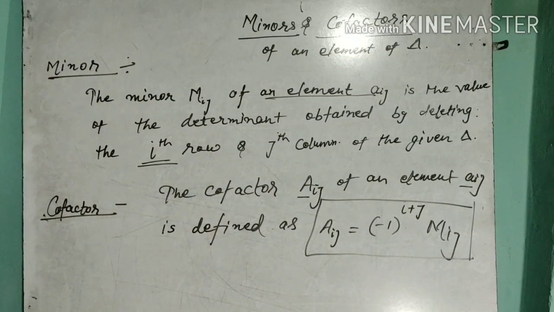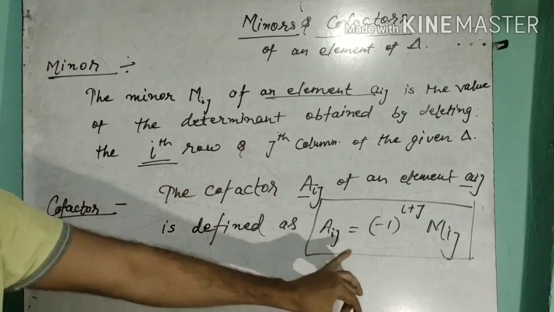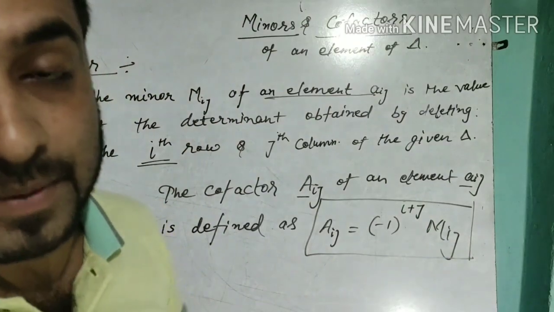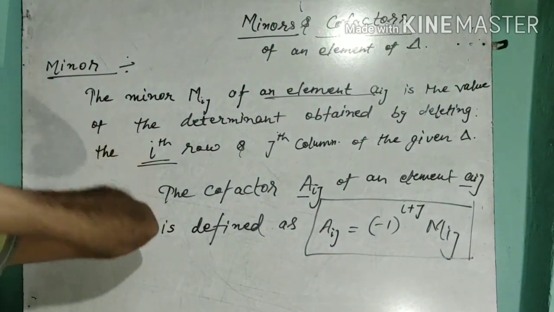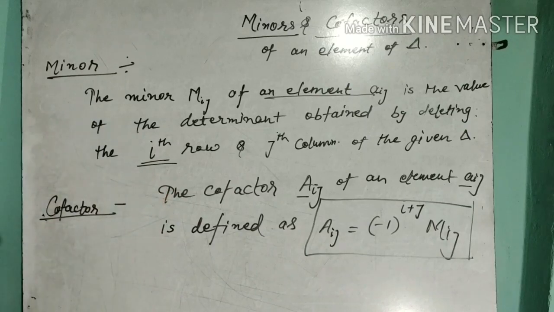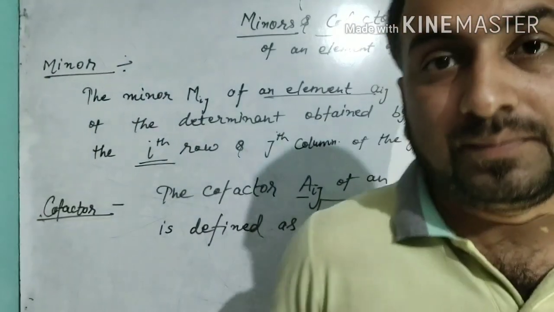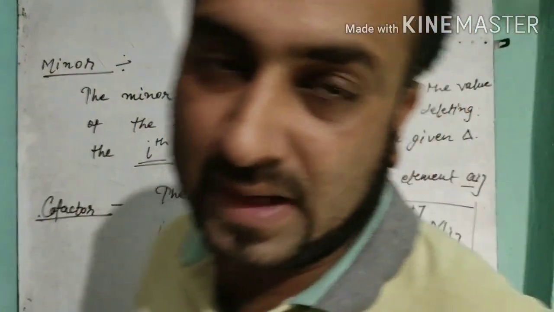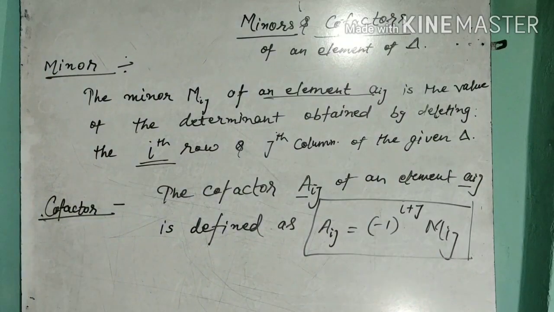The cofactor Aij of an element aij is defined as Aij equals (-1) to the whole power i plus j times Mij. In this way you will define the minors and cofactors. From the minor we will remove the ith row and jth column within the determinant. So now students, let's see the example. I have taken an example here.